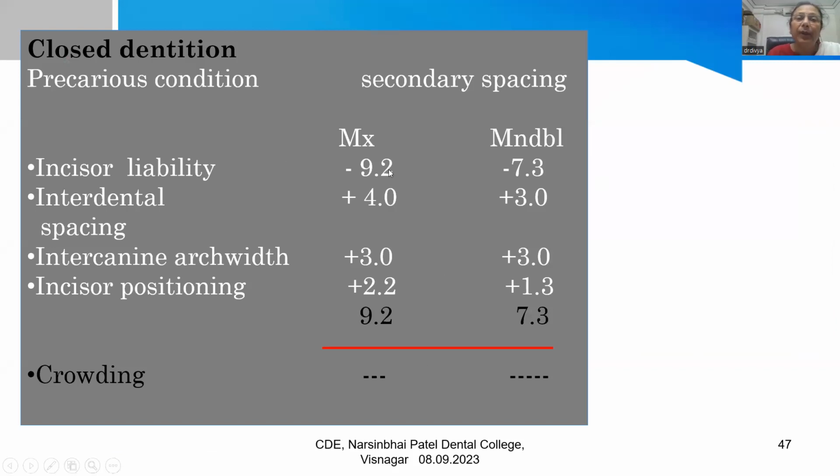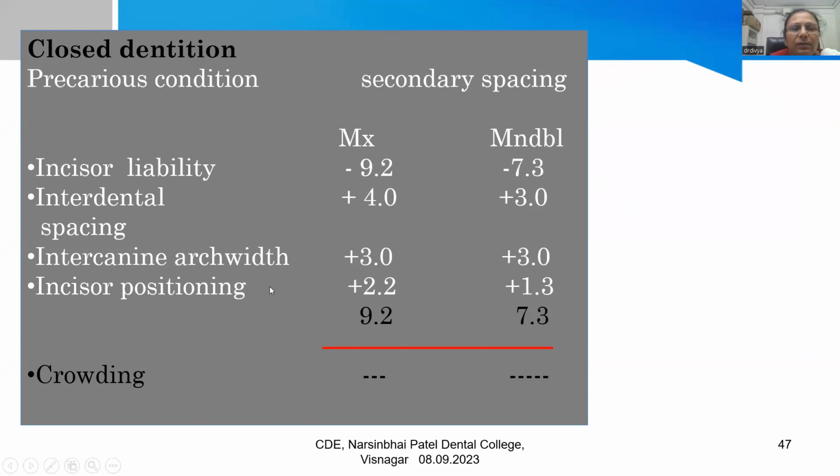Incisor liability is bigger. Interdental spacing you can consider as such, 4 and 3 in maxilla and mandible. Intercanine arch width increases in the crowded arch. In the closed space arches, it increases by 3 millimeter in both the arches, maxilla and mandible.